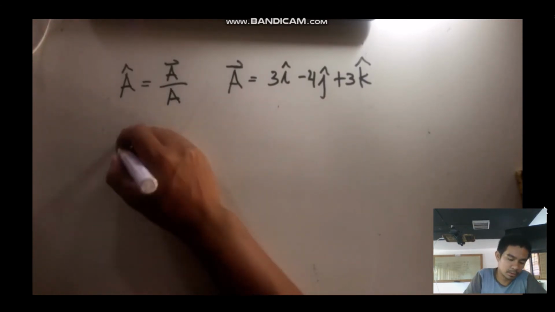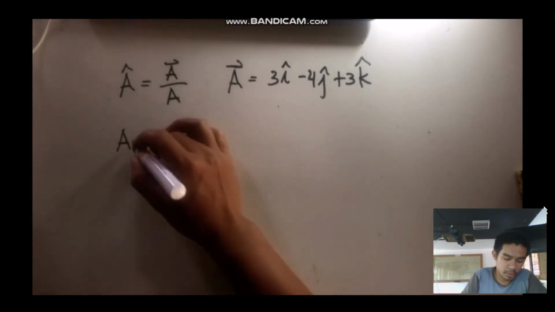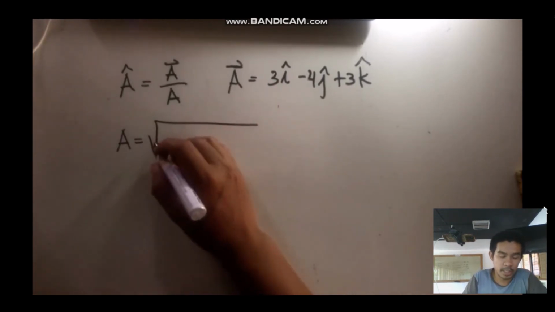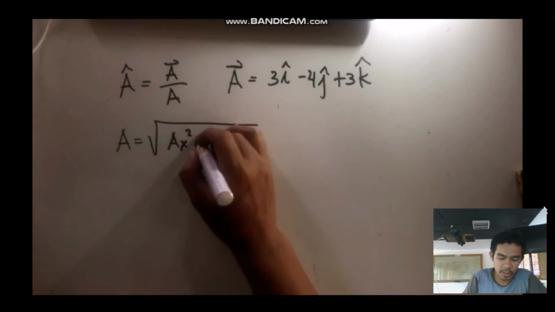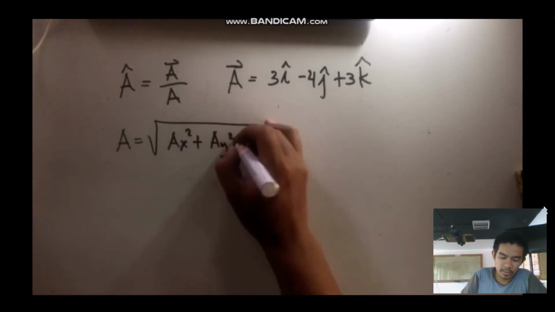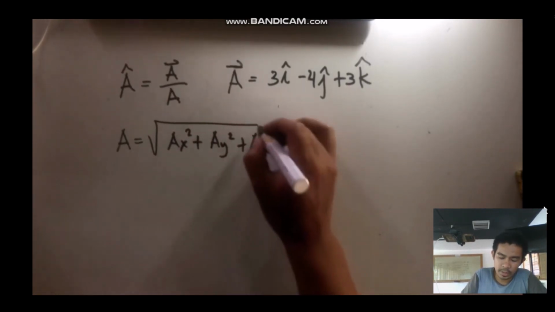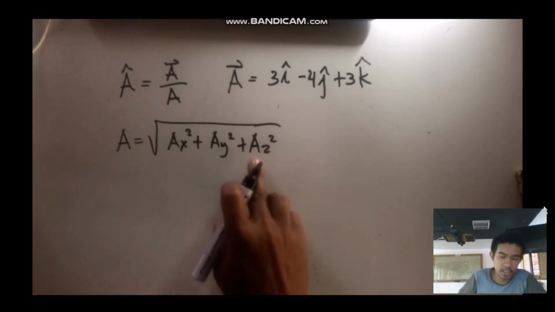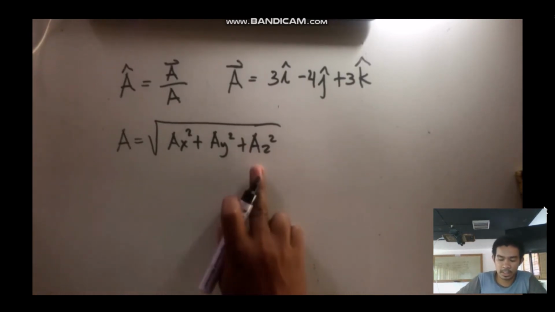Since this is a three-dimensional vector, the magnitude of A equals the square root of ax squared plus ay squared plus az squared, where we now consider z as the third component.